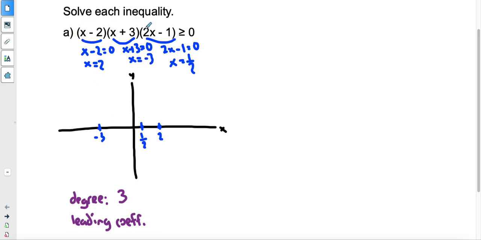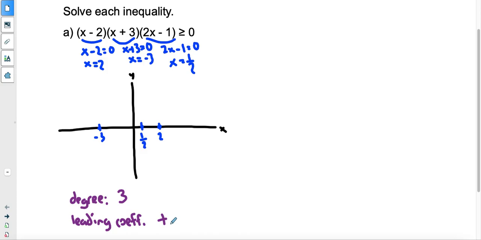My leading coefficient: if you look at the numbers in front of my x here, they are all positive. So if I multiply these all together, the leading coefficient, the number in front of the x cubed, will also be positive.